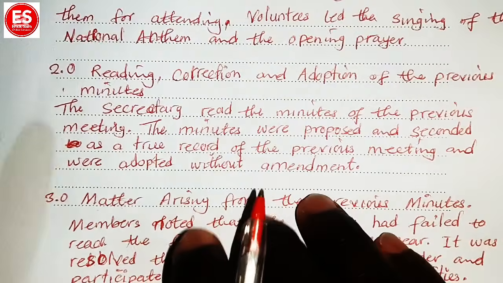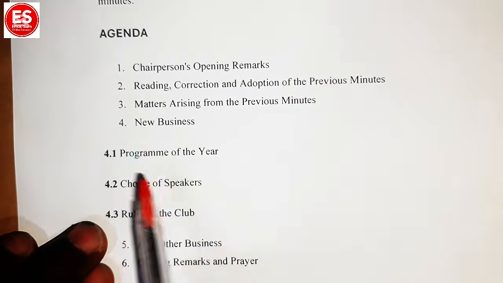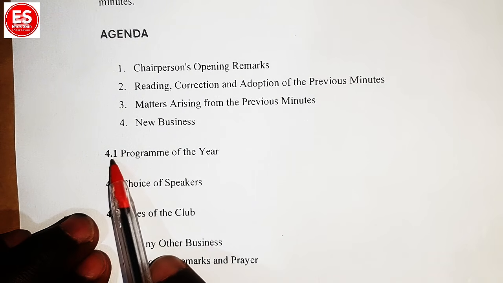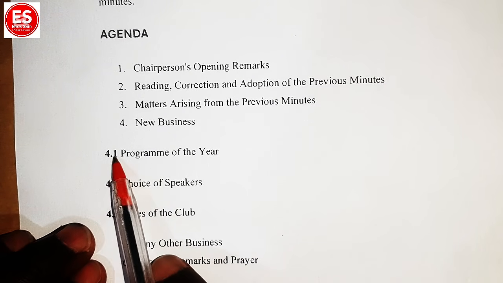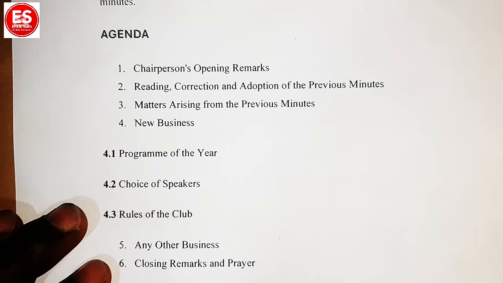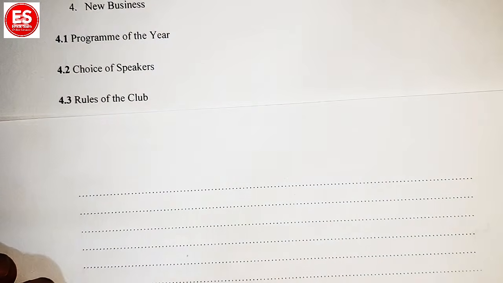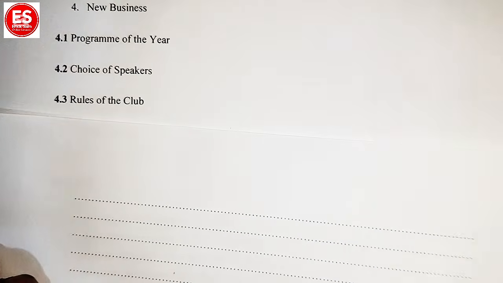Now let's go to agenda number 4. Agenda number 4, which is 4.1. Remember, we have 4.2, 4.3, now 4.1, program of the year. So program of the year, we have labeled the points. Now we remember we've talked about the term, what is supposed to be done in term 1, term 2, term 3.